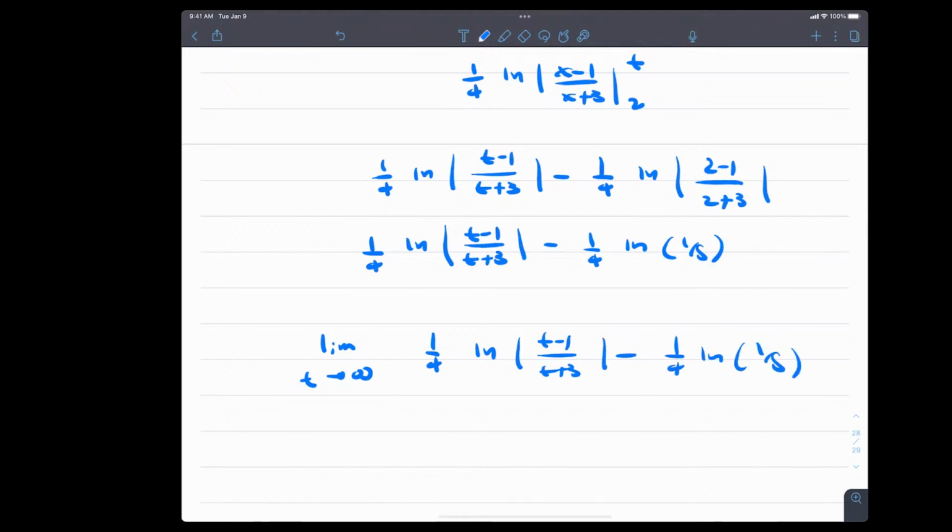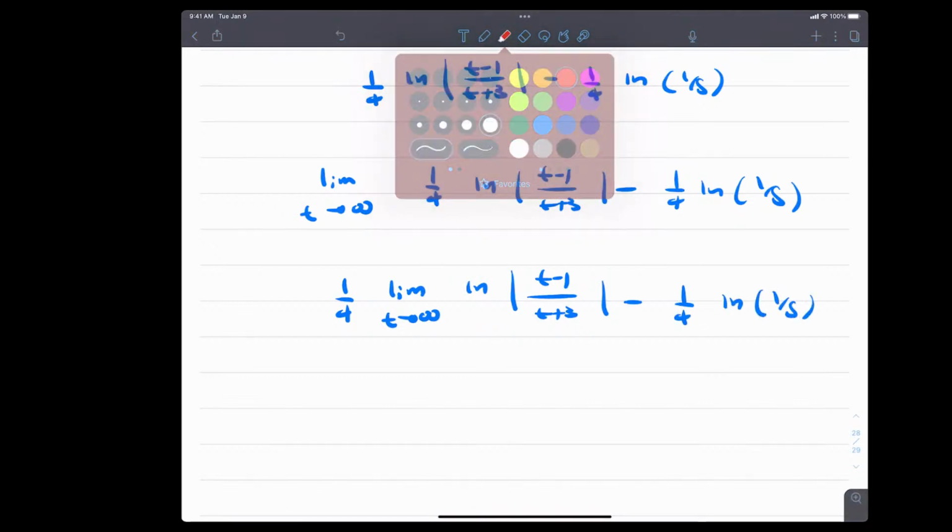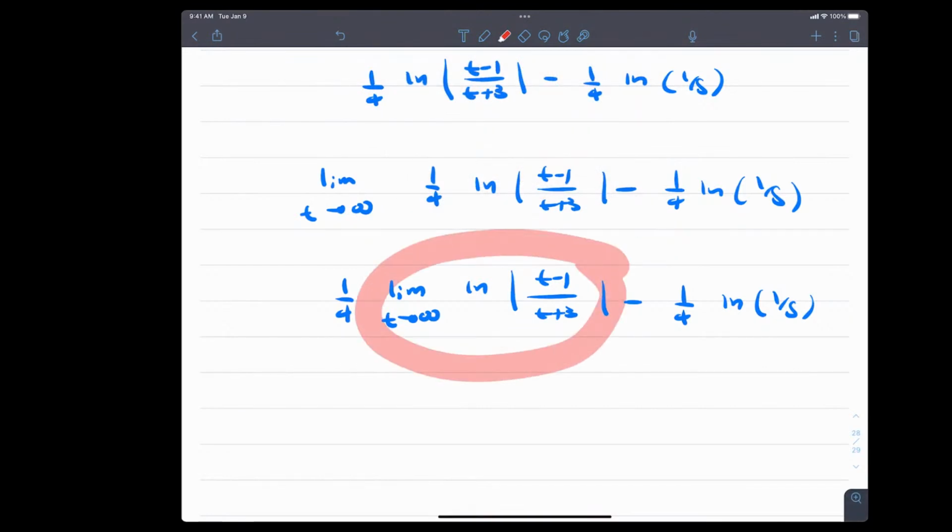I'm going to use properties again, and here's what we get. So this is where that limit is going to be.